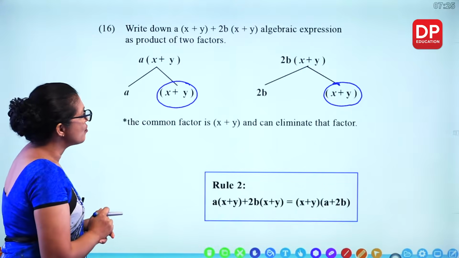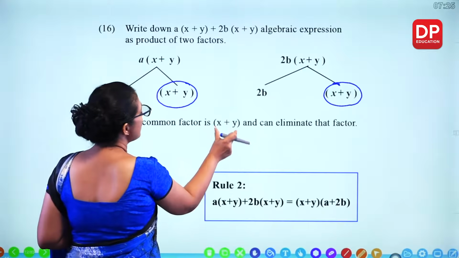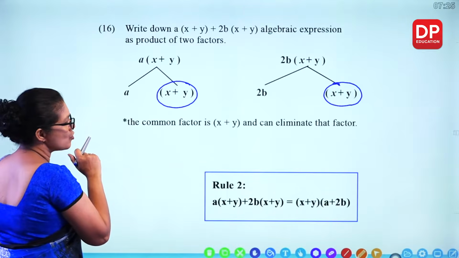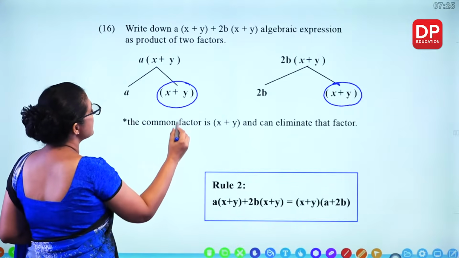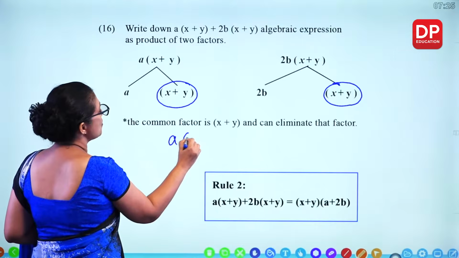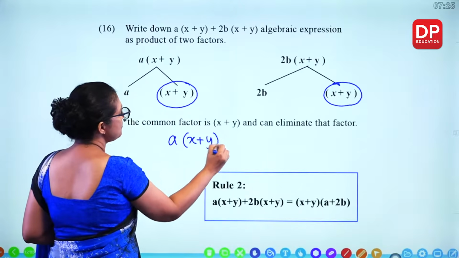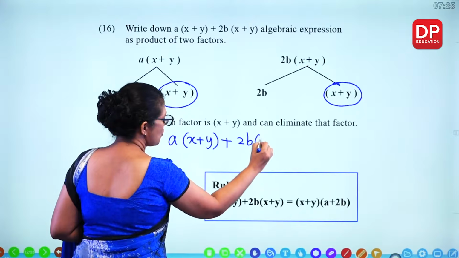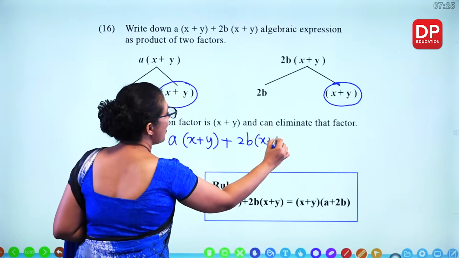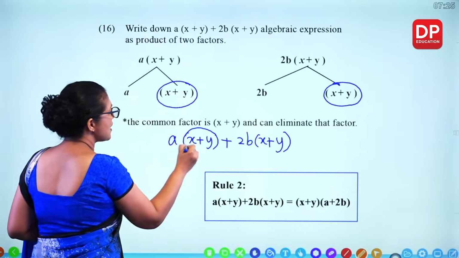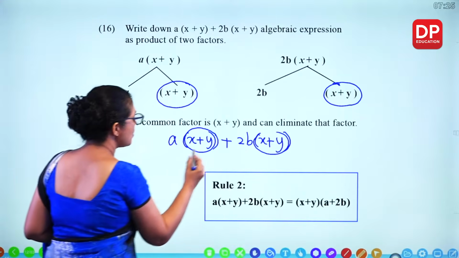So that's the second rule. In the second rule, you can take one expression out. So what we do when you get a into (x plus y), 2b into (x plus y): this x plus y, you can take it out.